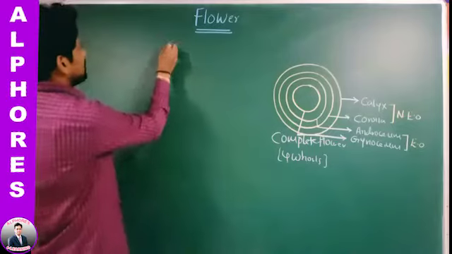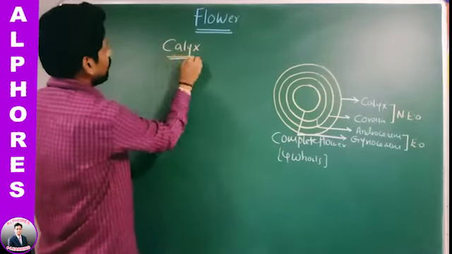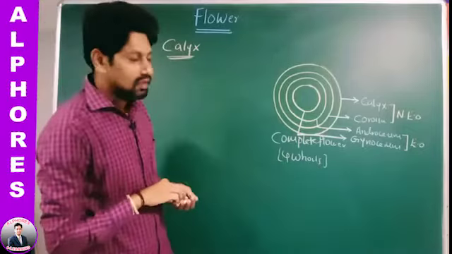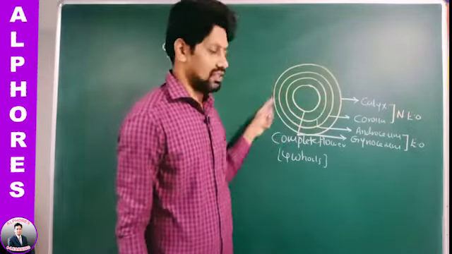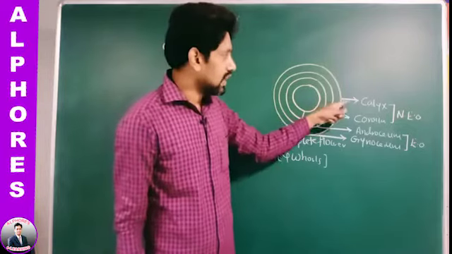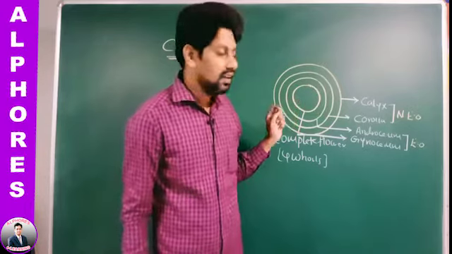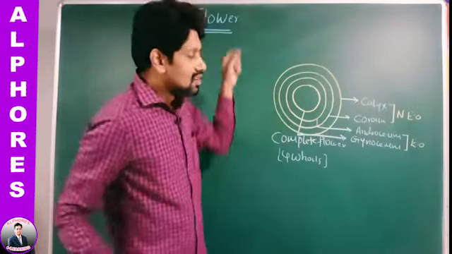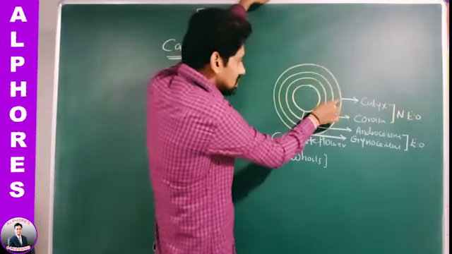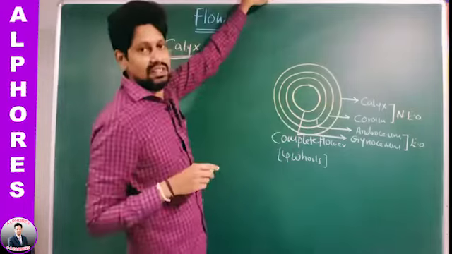Go for calyx. Now see this diagram. In this diagram, which is the outermost whorl? Calyx. Therefore, calyx is the outermost whorl of a flower. It is the outermost whorl of non-essential organs. Non-essential organs means calyx and corolla. In these two, which is outer? Calyx.